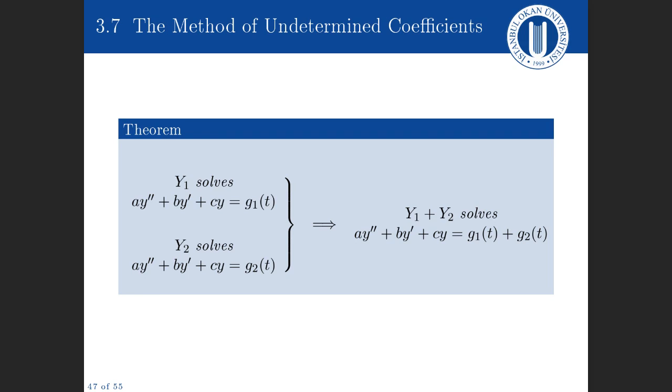Now a theorem, because we have linear equations. If we know that y1 solves this equation, a y double prime plus b y prime plus c y is equal to g1, and if we know that y2 solves the same differential equation but with g2 instead of g1, then when we add them together, we would end up with a solution to a y double prime plus b y prime plus c y is equal to g1 plus g2.